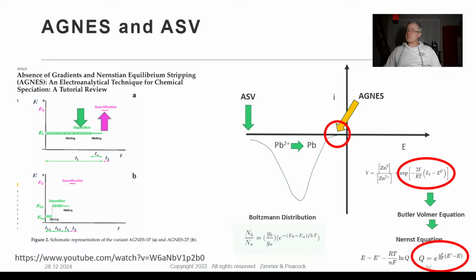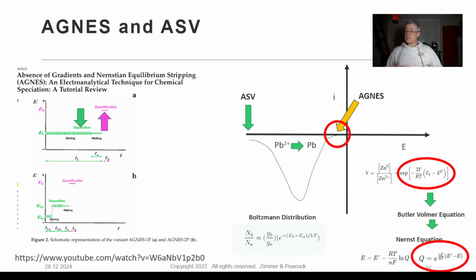But anyway, one of the big differences between AGNES and ASV is the deposition potential. Whereas with ASV, you apply quite a negative potential, so you're kind of guaranteed to get all the cations reduced. That's a strong term. The cations that are near the surface will get reduced and onto the surface.